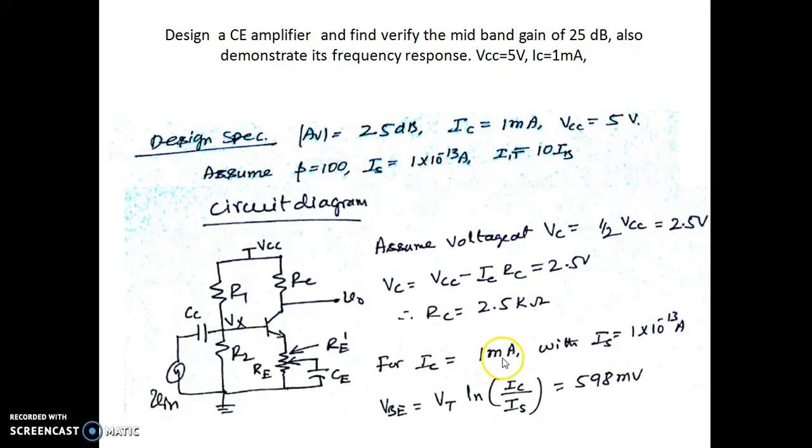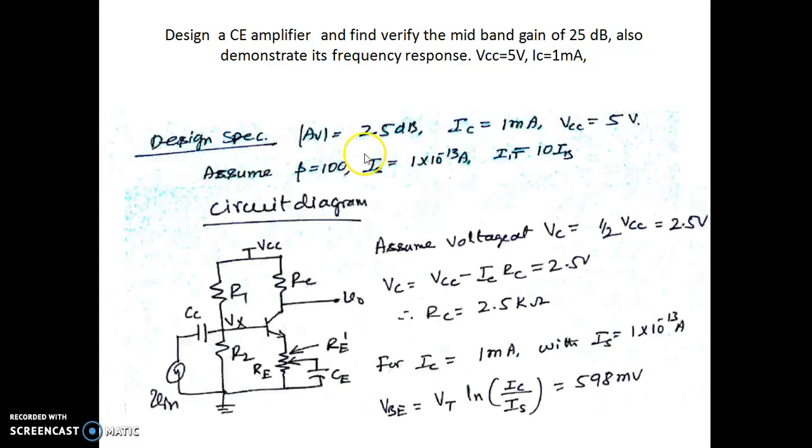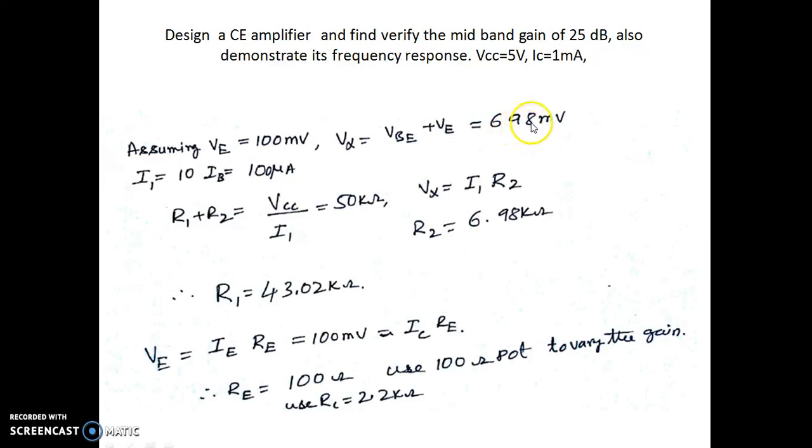For an IC of 1 milliampere, we know that VBE should be almost close to 600 millivolts. Assuming a voltage drop of 100 millivolts across RE, which is nothing but VE equal to 100 millivolts, naturally the voltage at the base terminal happens to be VBE plus VE, which is close to 700 millivolts.